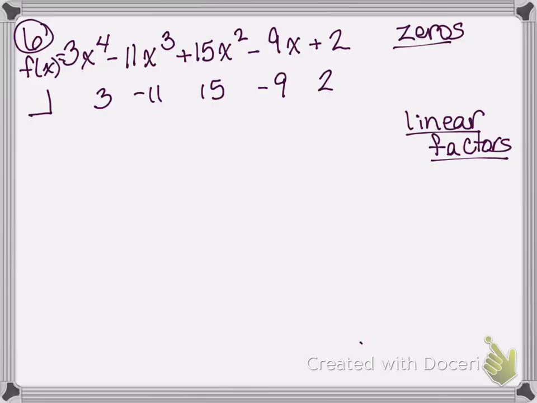That's where I look for factors, or zeros. So I look at factors of positive 2 to help me decide what I'm going to do first here. I'm going to start with 1 because 1 is a very simple factor of 2, and I'm going to see if that works. Now remember, you can look at this number at the end, this constant, and you can do positive and negatives of all the factors of 2.